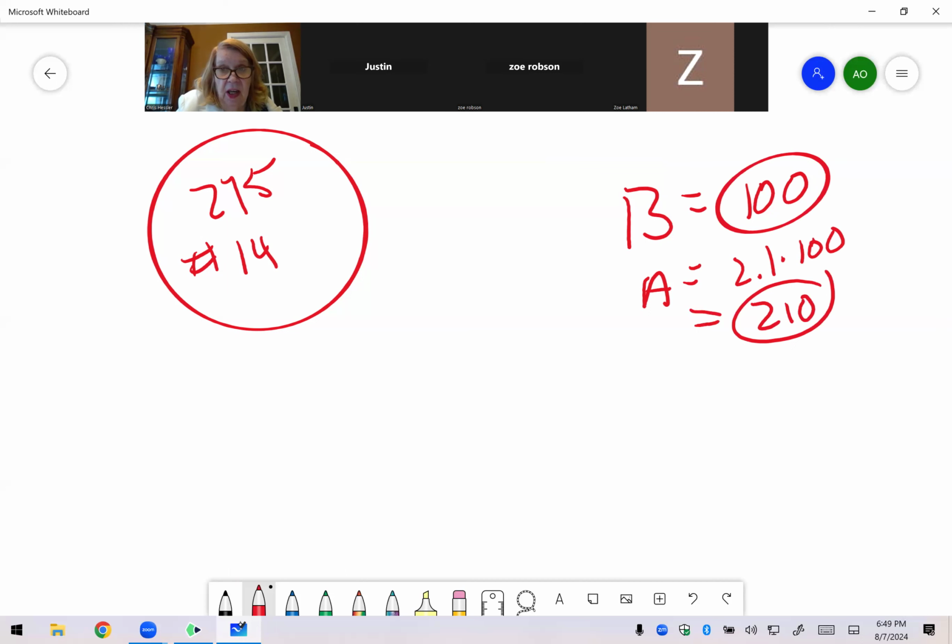And then we have C here. Now, it says A is 30% of C. So A is going to be 0.30 times C. So we'll say A is 210, and we're going to divide by 0.30.